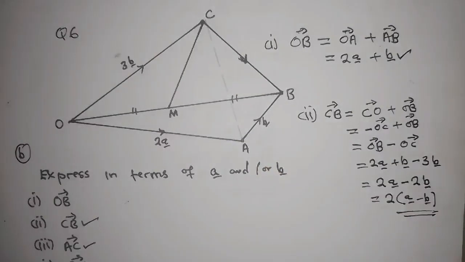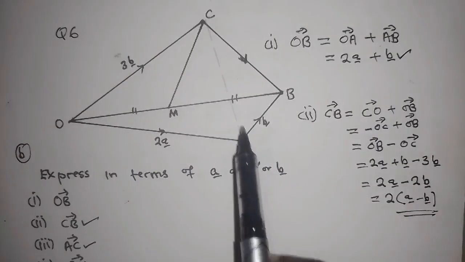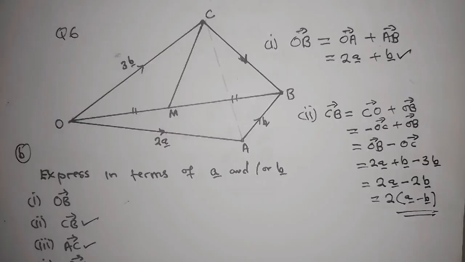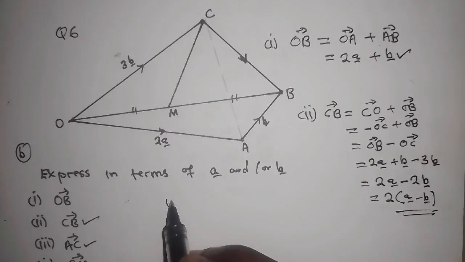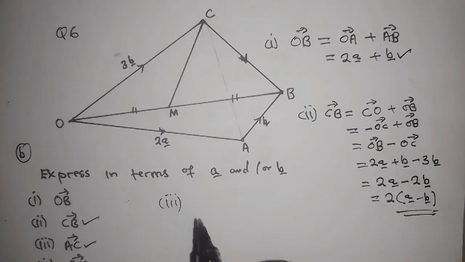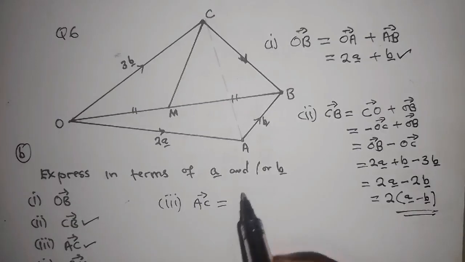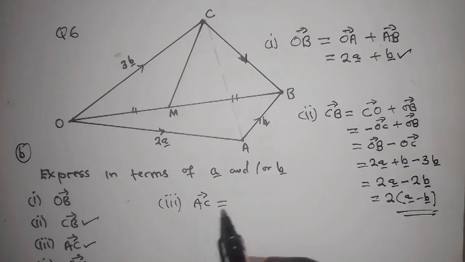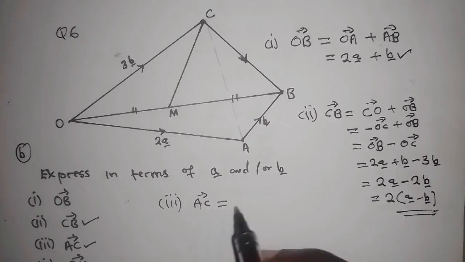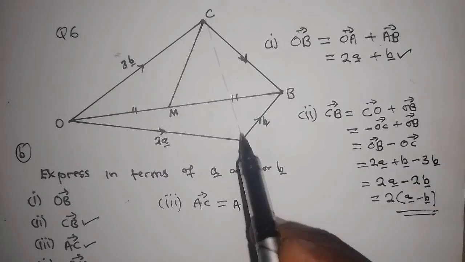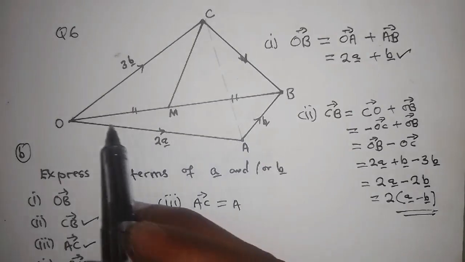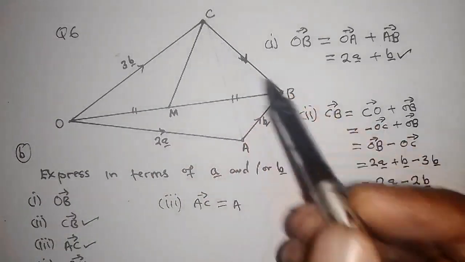So for AC, vector AC will be equal to AO plus OC.